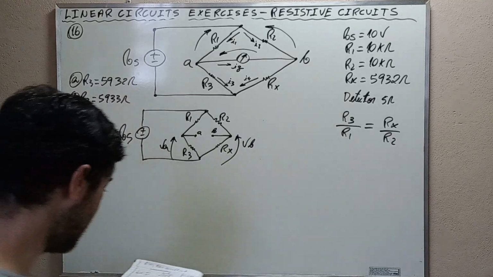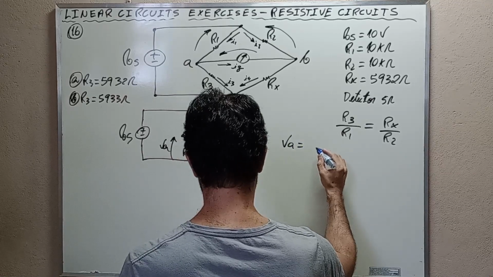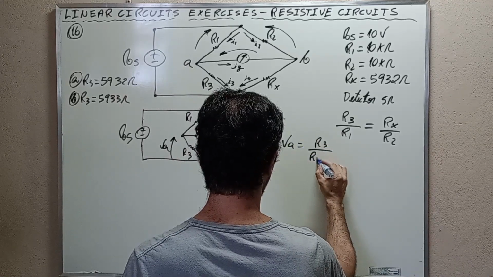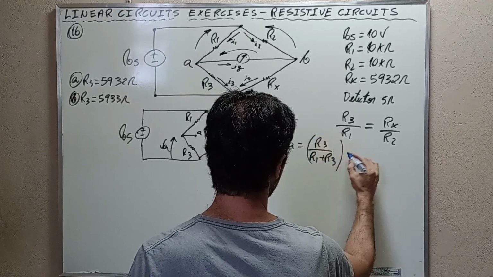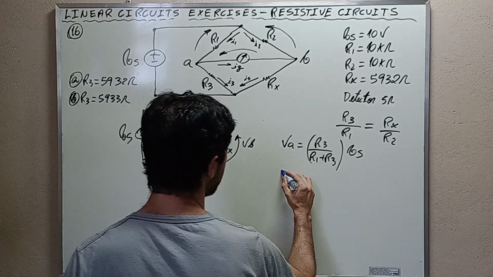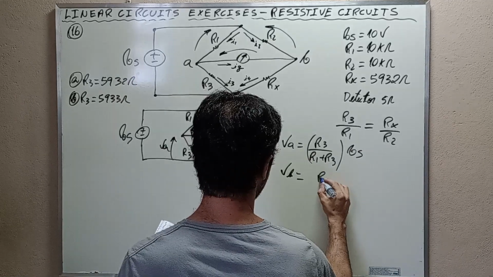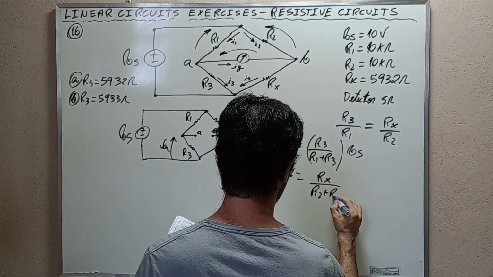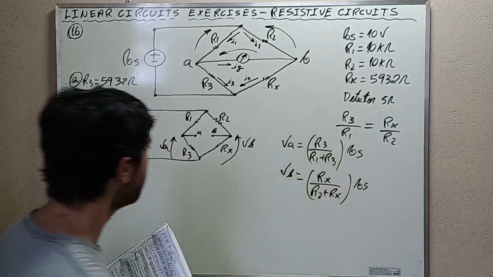Observe that VA is equal to R3 over R1 plus R3 times Vs. Vs is this, and observe that Vb is equal to Rx divided by R2 plus Rx times Vs, okay?